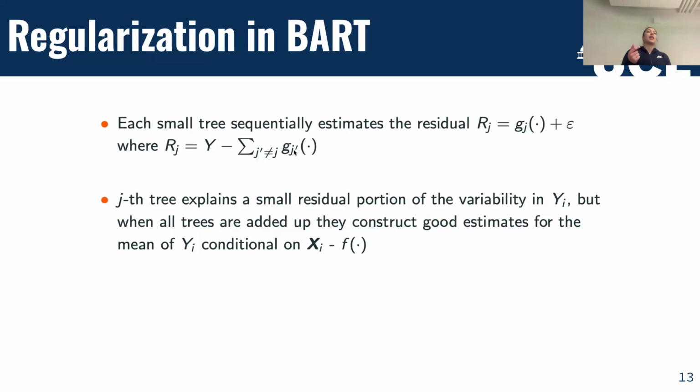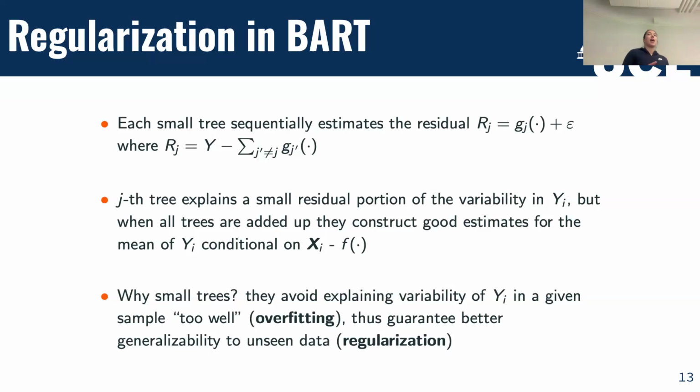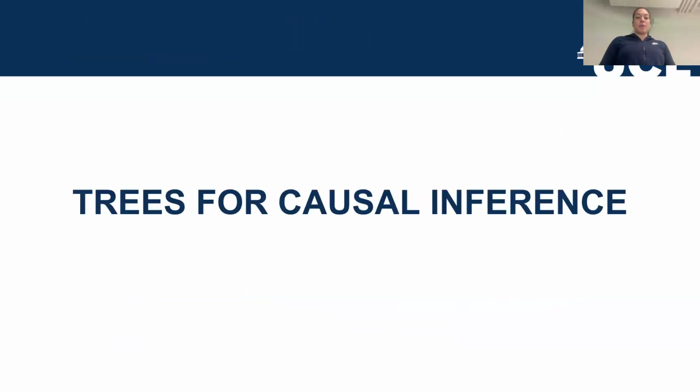And the j-th tree then explains a small residual portion of the variability in Y. But when all trees are added up, they construct a good estimate for the mean of Yi conditional on Xi. Again, note that this is before having the treatment. Why small trees? They avoid explaining the variability of Yi in a given sample too well, which would be overfitting. And they guarantee better generalizability to unseen data, which is our goal if we want to apply the methods to unseen data.